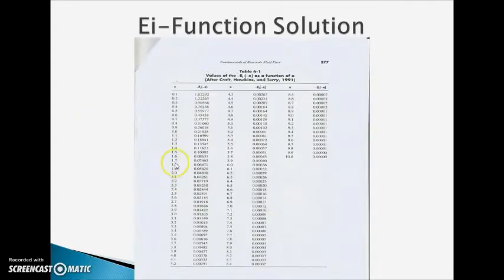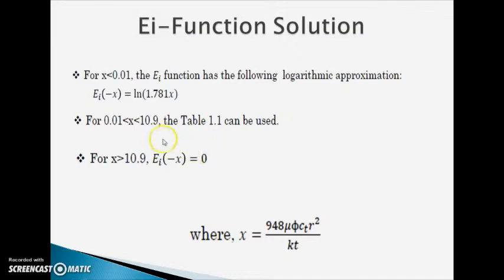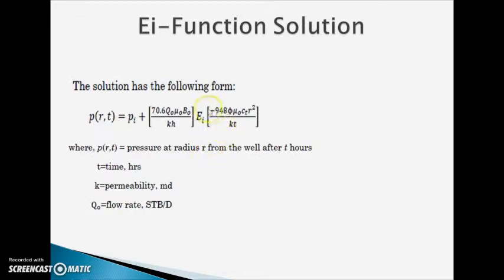You find your X is 1.7, so it's simply your EI function, EI of minus X, which is 0.07465. So you got your EI from your table, and you just put your EI here, multiply by these numbers and add the initial pressure, and you get your pressure.